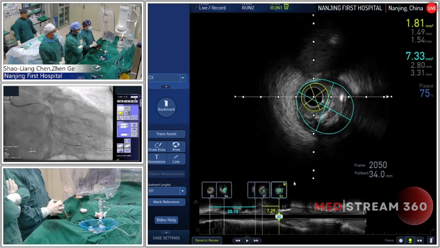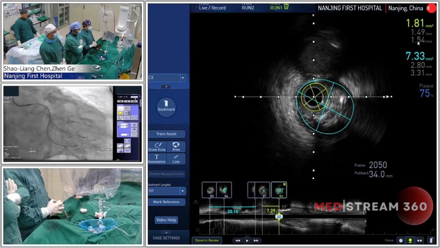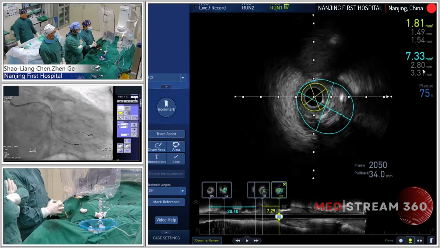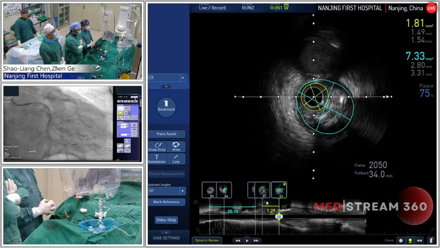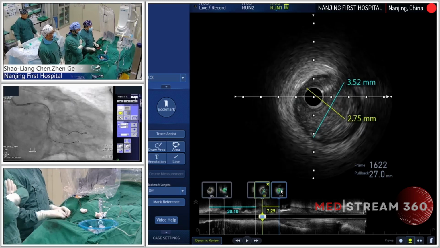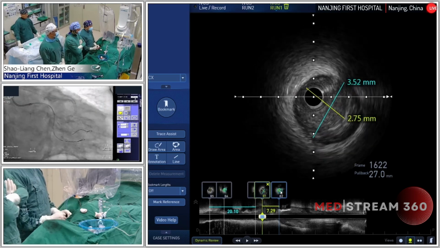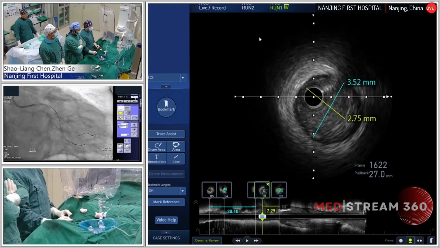This is the bifurcation. At this point, the area is about 1.8 millimeter square, and the plaque burden is more than 75%. The distance from the stent landing zone in LAD to the circumflex and OM bifurcation is just 7 millimeter.